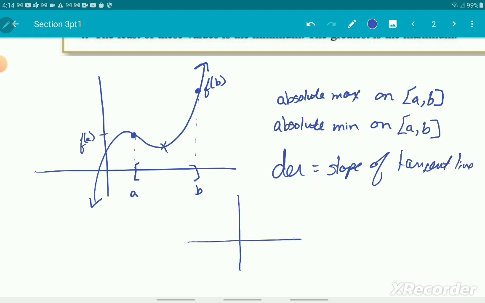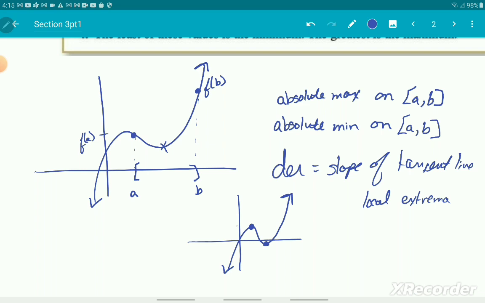And if we're talking about some graph and we want to know local extrema, local extrema happen when we have a turning point. So we either go from increasing to decreasing, creating a maximum, or we go from decreasing to increasing, creating a minimum.